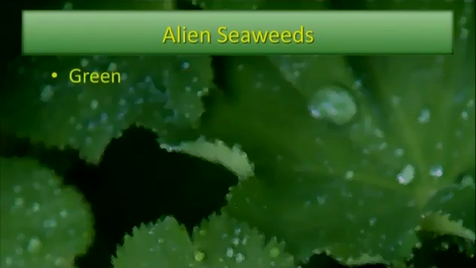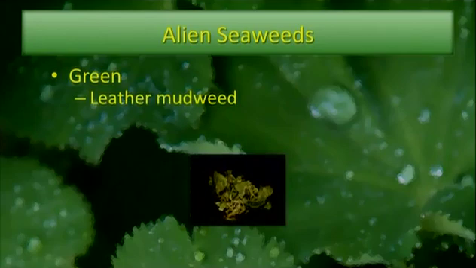So a green one is called the leather mudweed. These grow in leathery, bushy clumps. They have paddle-shaped blades, and they grow in sand or mud. They can grow in the tidal areas, in lagoon areas, in flats, in the deep.